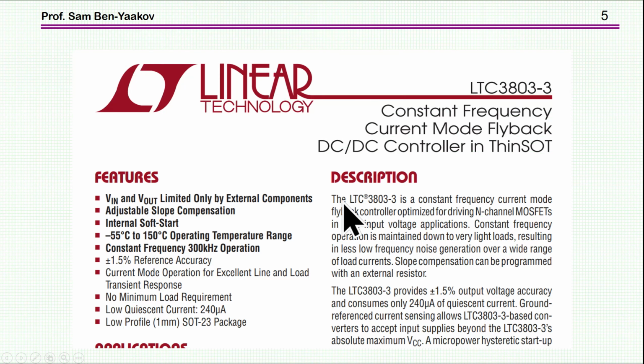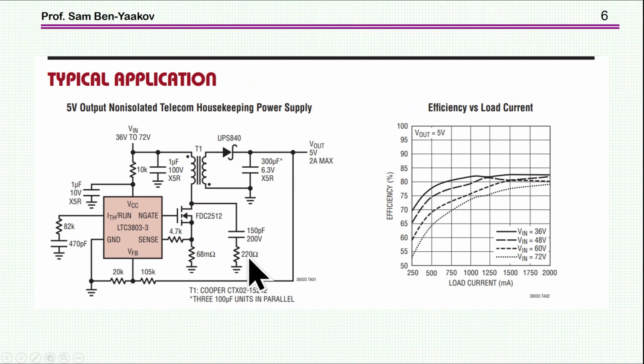There are many controllers of flyback and other topologies. And here I'm showing one by Linear Technology, now Analog Devices. Again, this is just an example. This is a constant frequency current mode flyback DC to DC controller. And it is now a unit which includes a driver to a transistor.